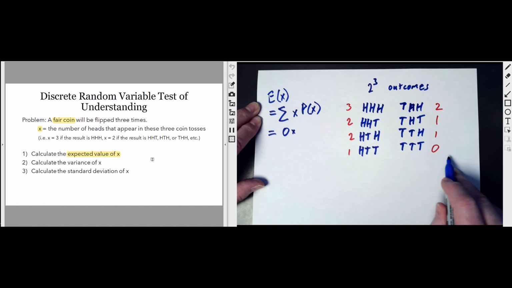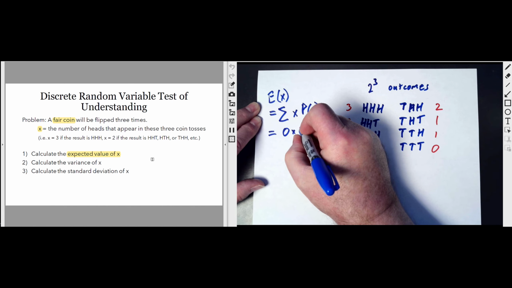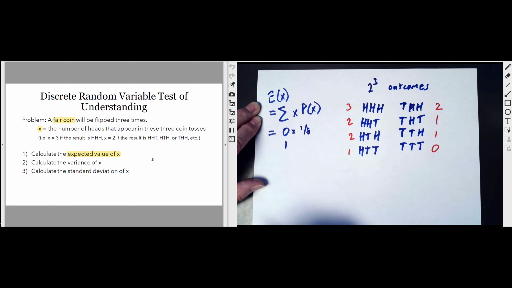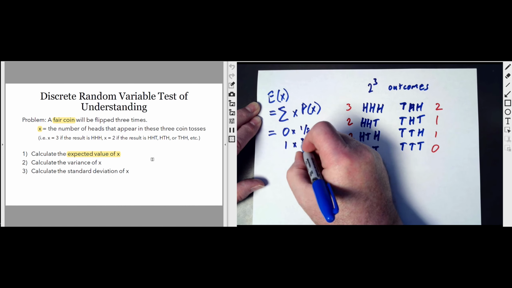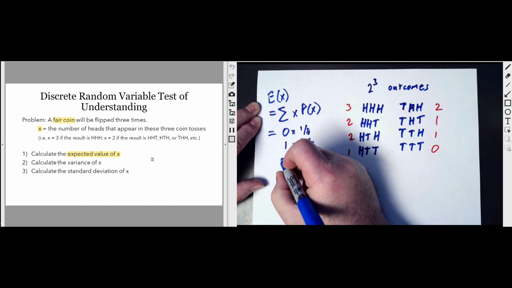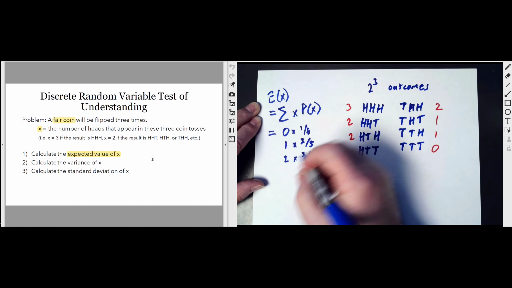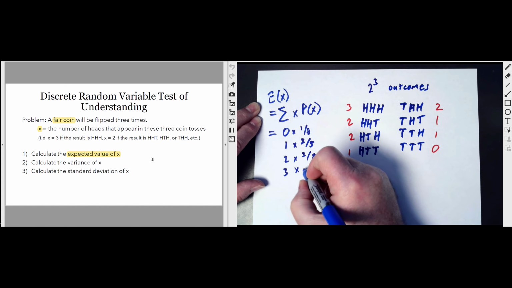We have 1 out of 8 ways of getting a 0, so that's 0 times 1/8, 1 times 3/8, 2 times 3/8, and 3 times 1/8.